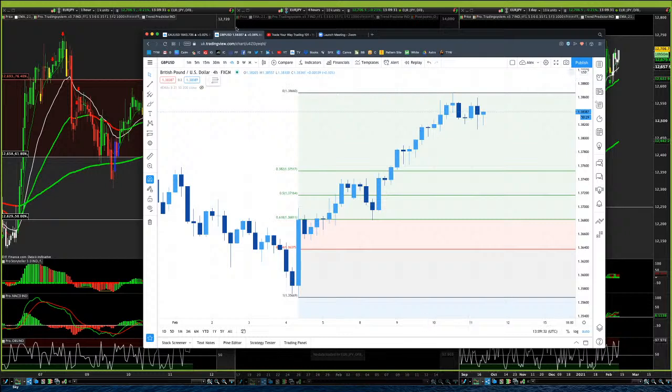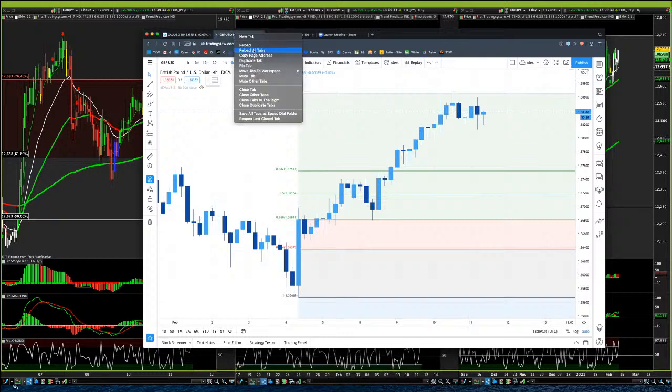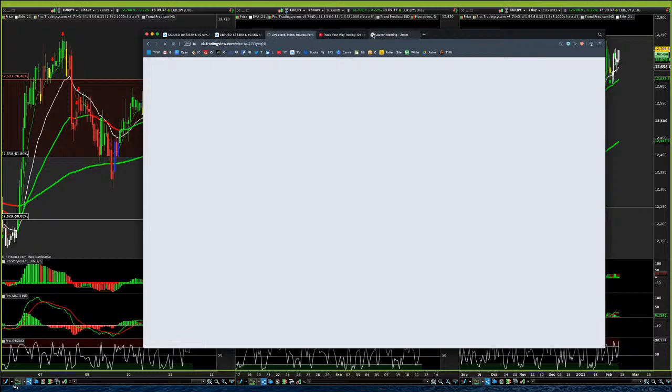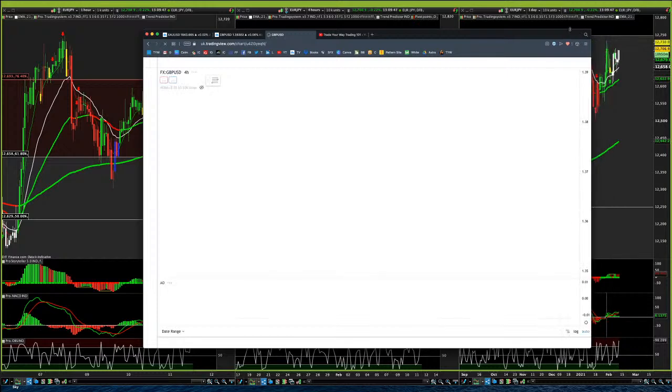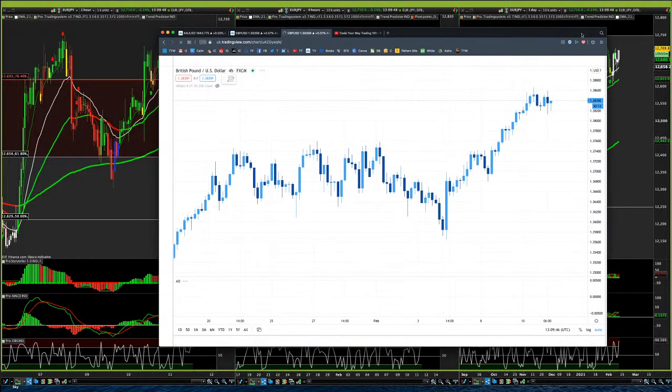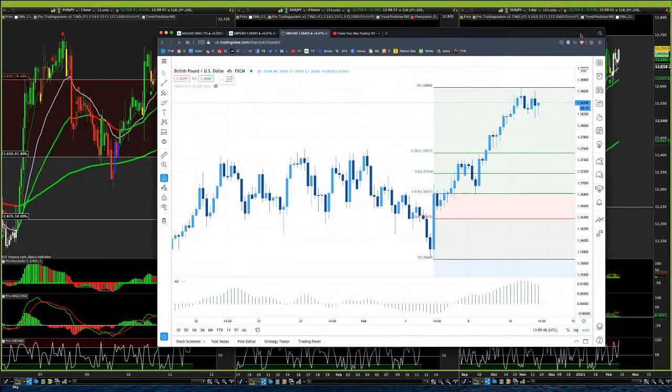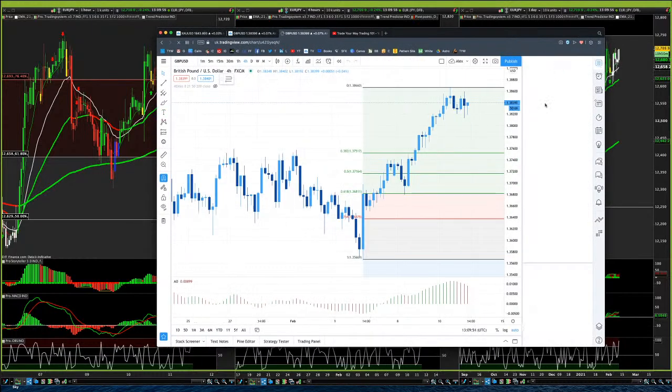Yeah, fair enough. So reload all tabs, duplicate tab. Let's get rid of that one, and let's pull it over here. So euro yen.